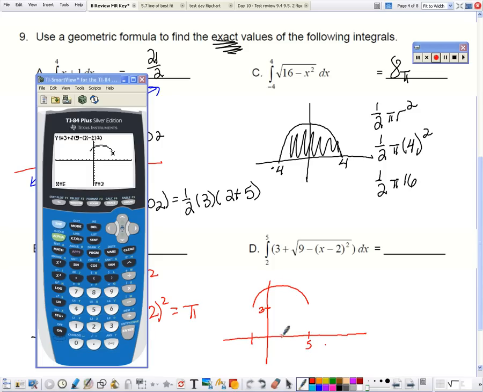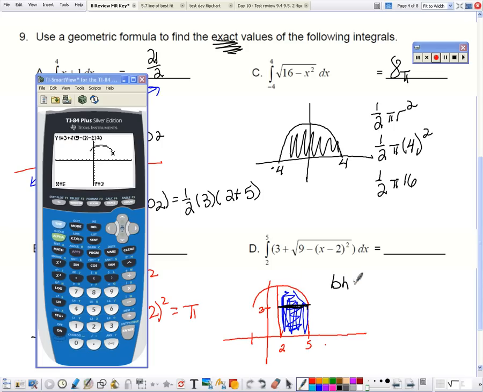But my integral starts at 2. So what I'm looking at here for my area, just this piece, it's a rectangle on the bottom and a quarter circle on the top.